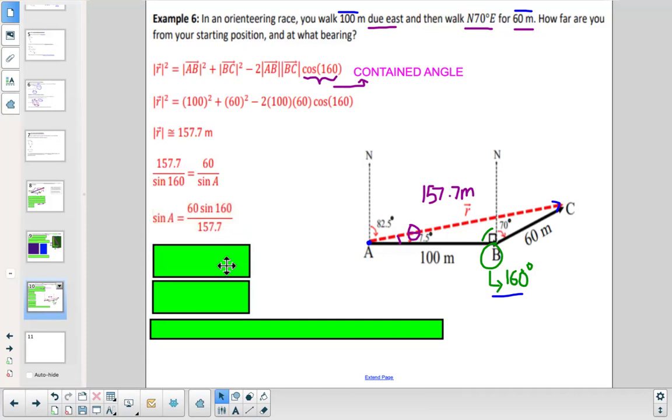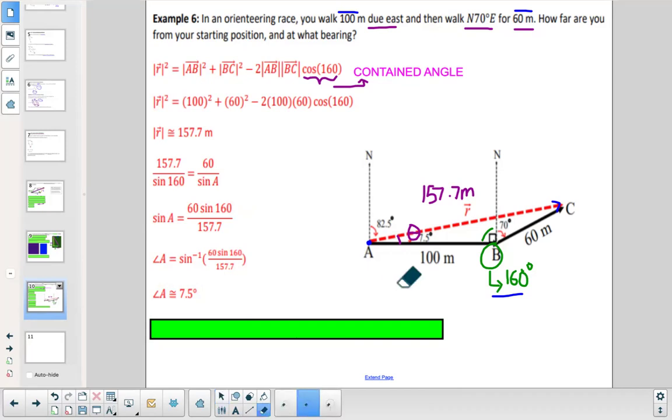You can go ahead and cross multiply or rearrange. So sine A is equal to 60 times sine 160 divided by 157.7. So angle A is the sine inverse of this ratio. If you punch that into your calculator very carefully, you would determine that angle A is 7.5 degrees.